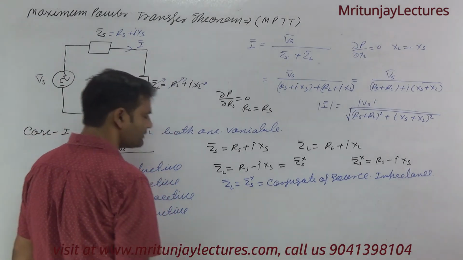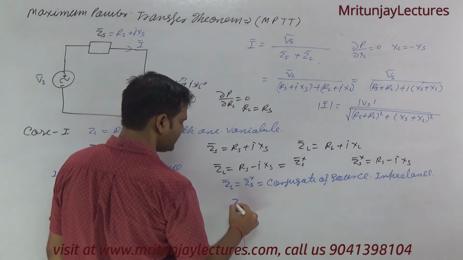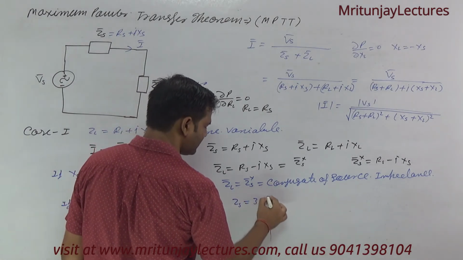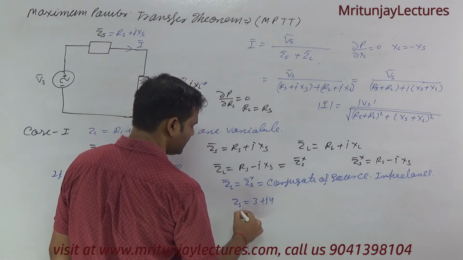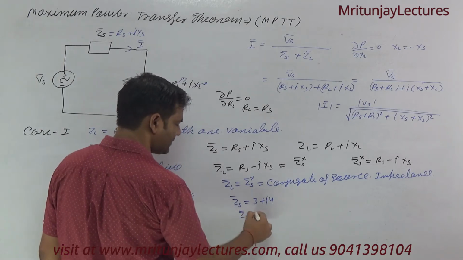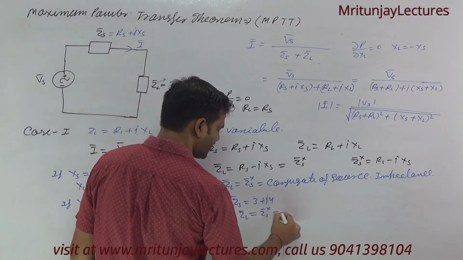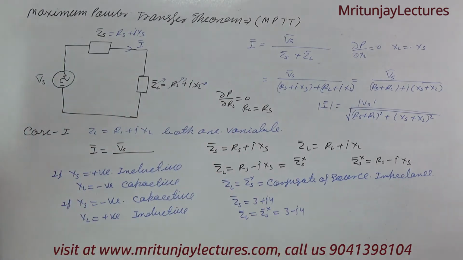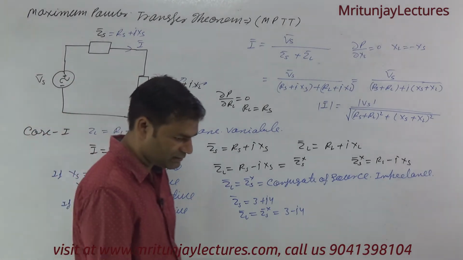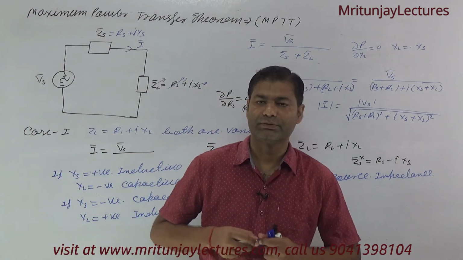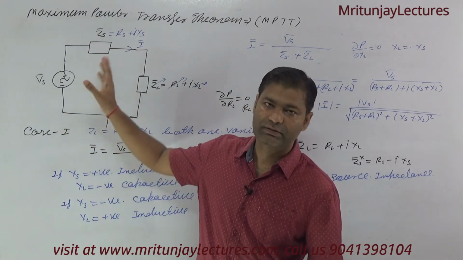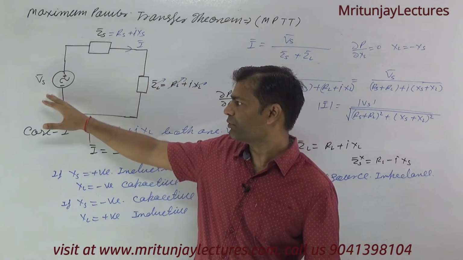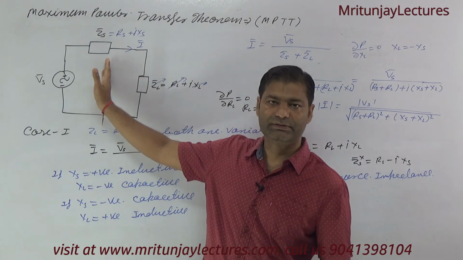Suppose ZS is equal to 3 plus j4, then what about ZL corresponding to maximum power? That is 3 minus j4, simply. So first of all, any network is converted into a voltage source and series impedance.